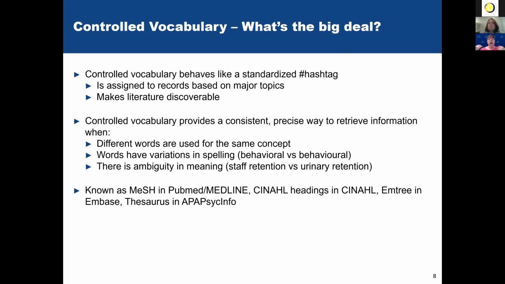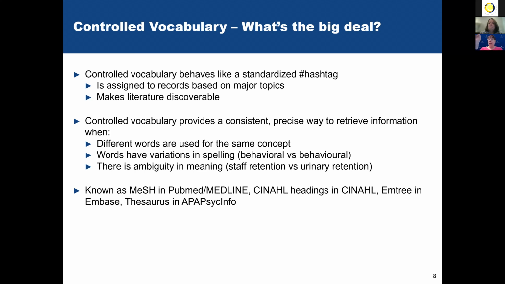So if you can think of all the different ways that you can talk about pain control or asthma or heart attack: for heart attack, myocardial infarction, acute MI; for asthma, reactive airway disorder. All those differing terms, different words for what is the same concept.